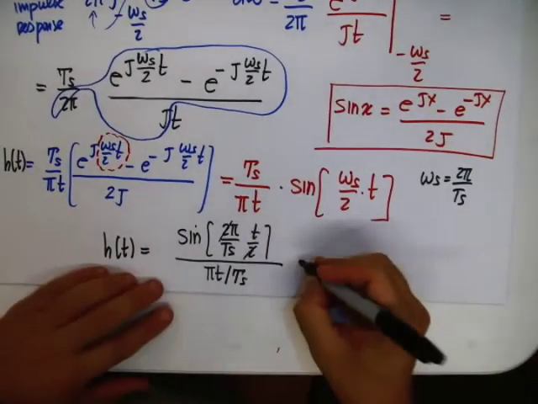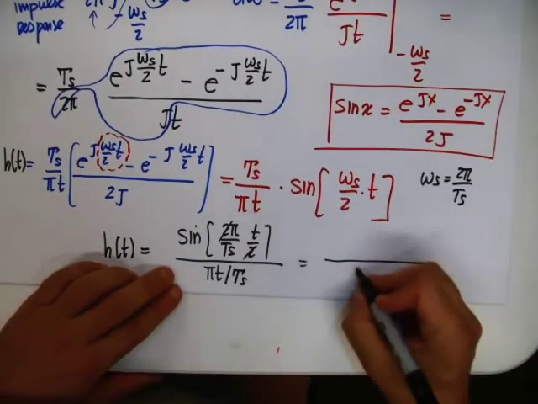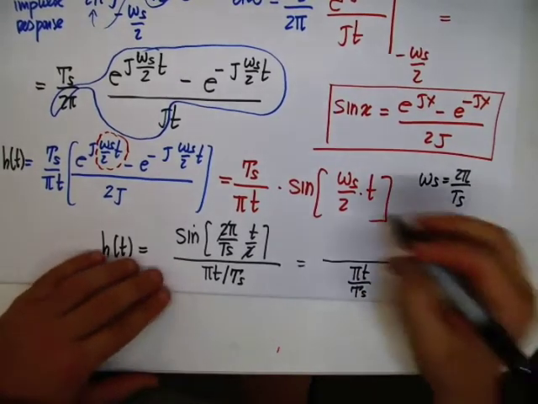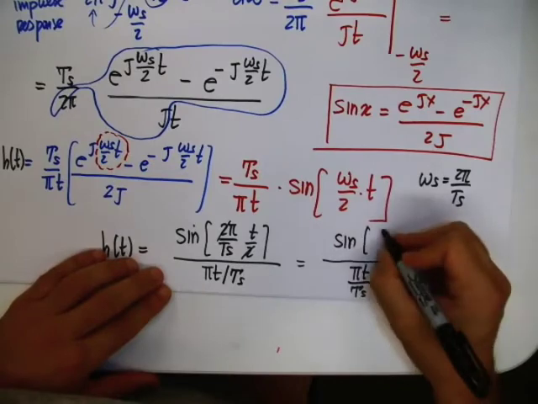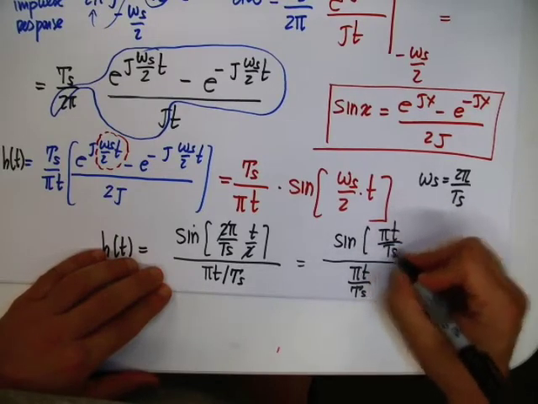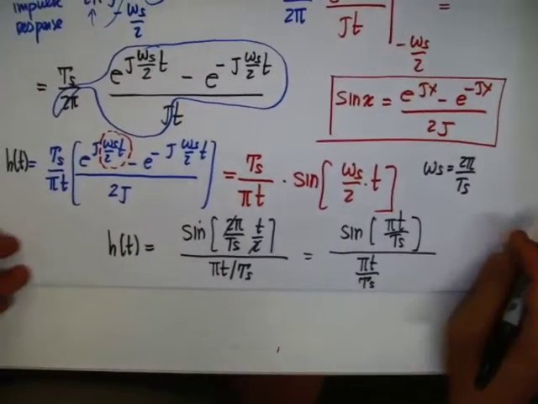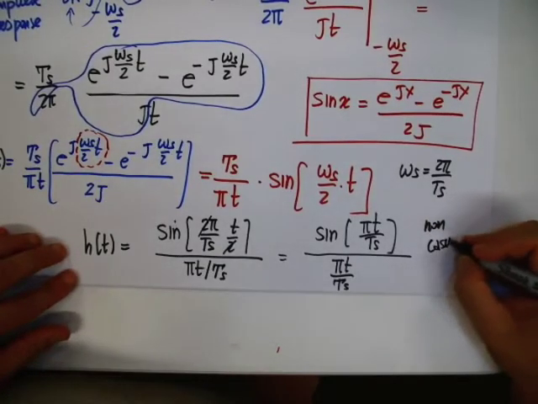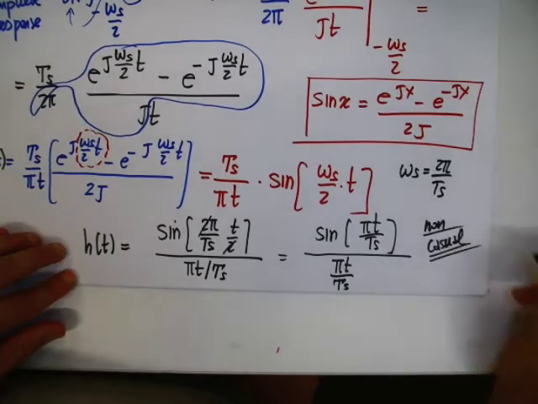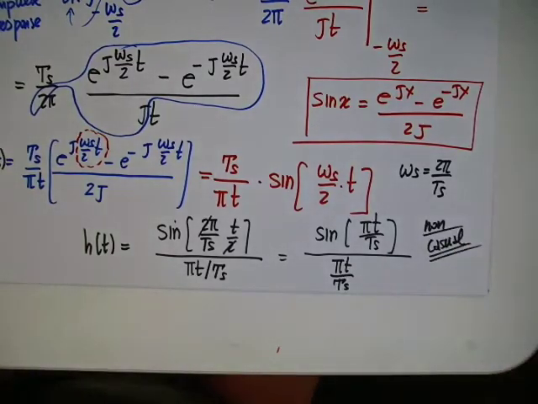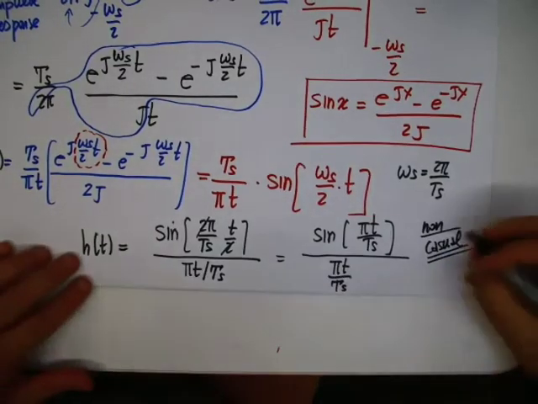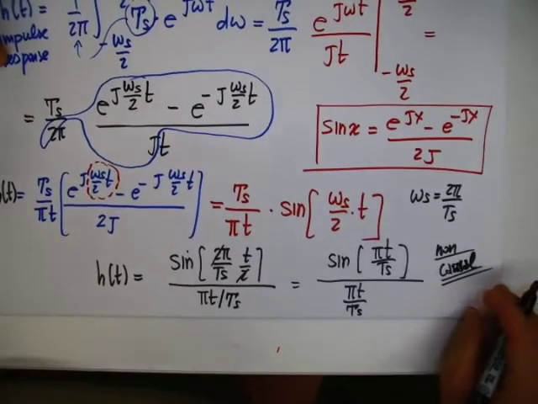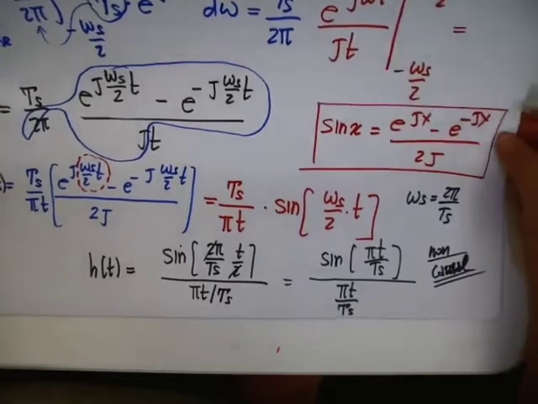The 2 and 2 simplify, so you will see that I get the nice formula: h of t equals sine of pi t over Ts divided by pi t over Ts. Of course, this filter is non-causal. But that's okay, and that's what we got.